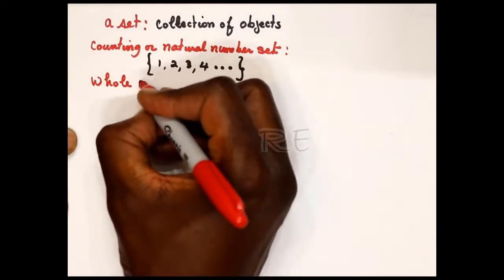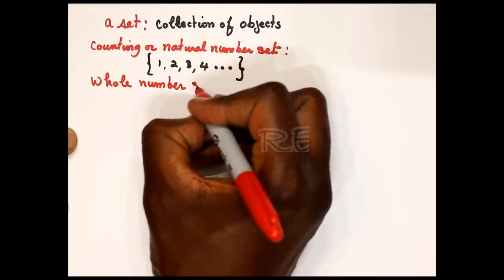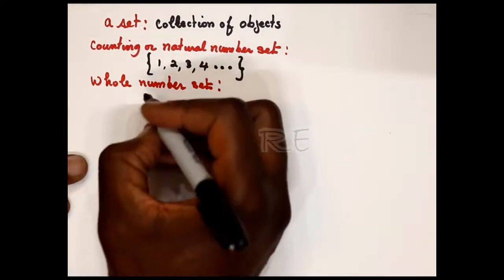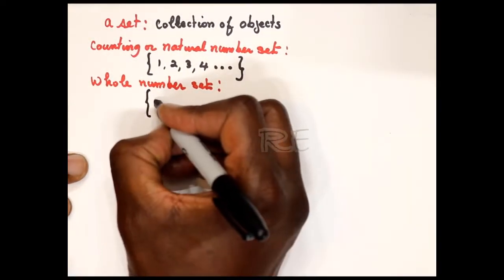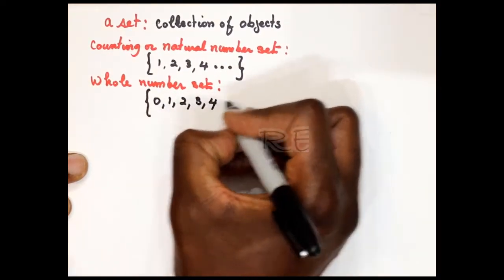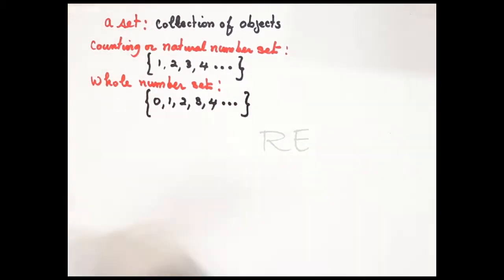The whole number set, another set that we've learned earlier on, is composed of 0. That's the only element that's different. 1, 2, 3, 4, ellipses, so it goes on forever.